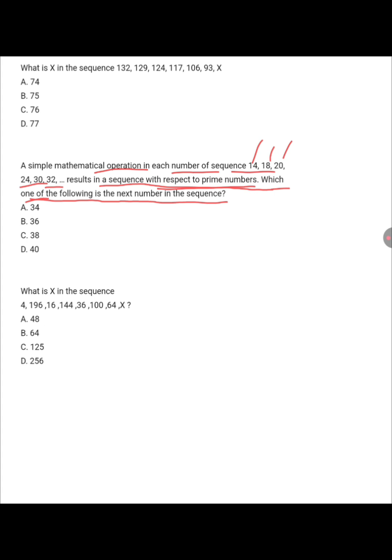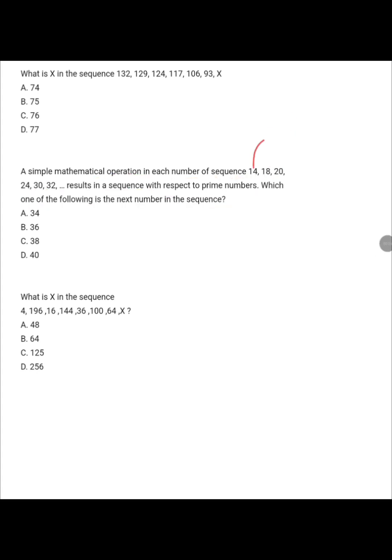So the prime number before 14 is 13. The prime number before 18 is 17. The prime number before 20 is 19.